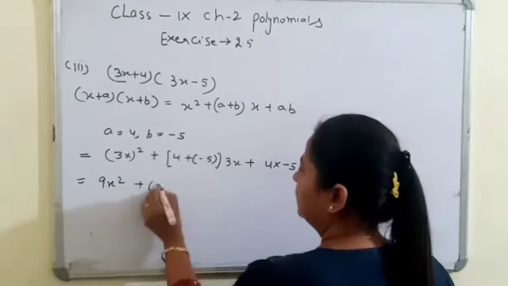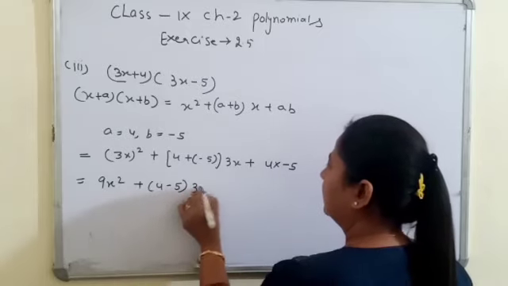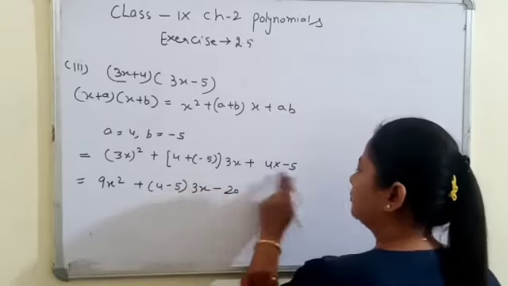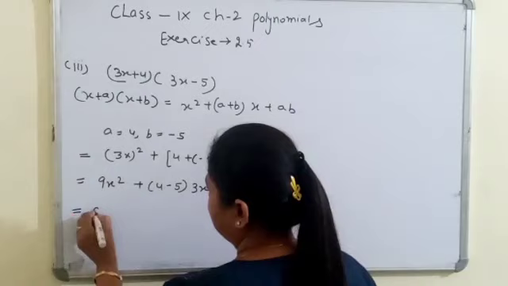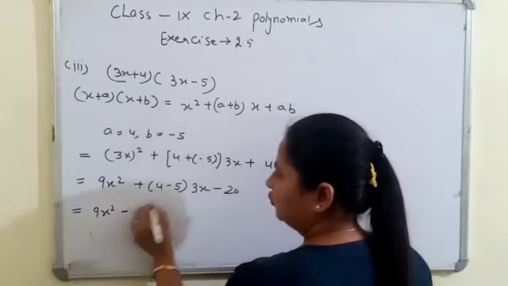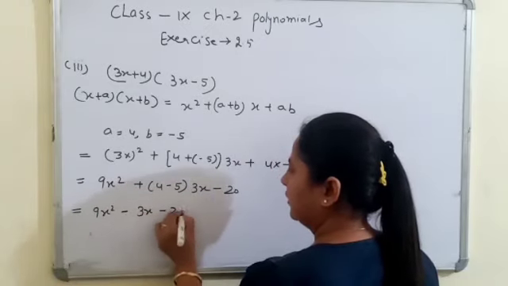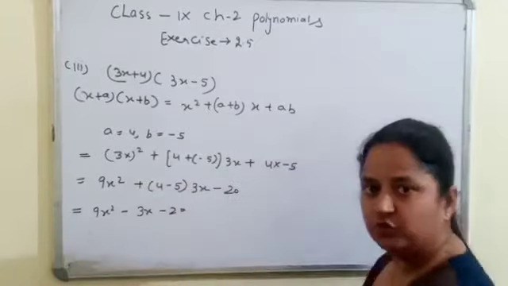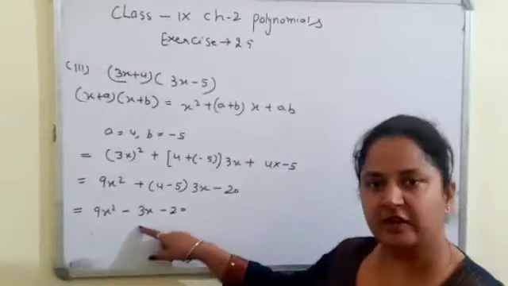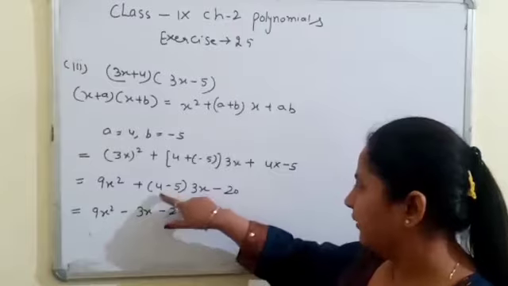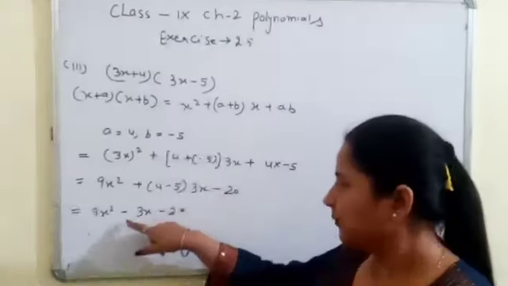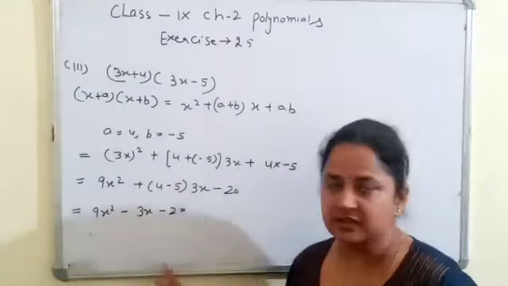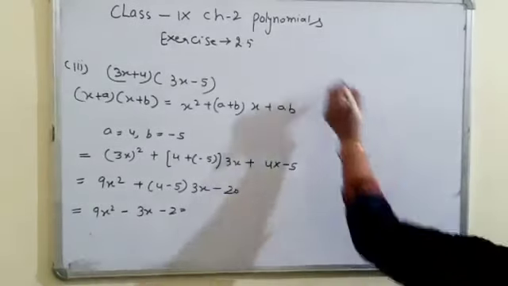Plus 4 into minus 5, this is minus 20. 4 minus 5 is minus 1, and we carry the greater value sign, so minus 1 multiplied by 3x becomes minus 3x. So this was the result for part 3.